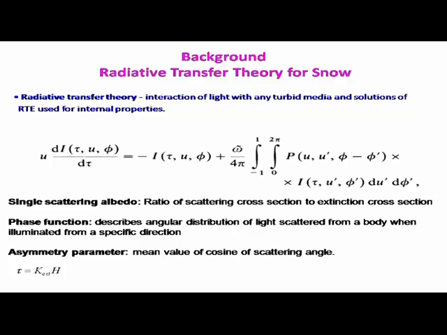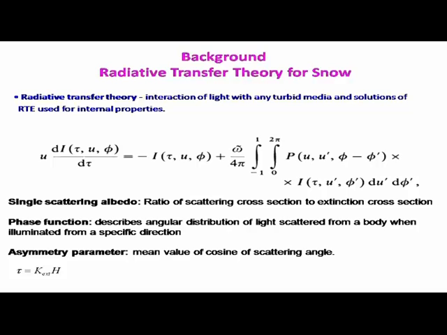Single scattering albedo is the ratio of scattering cross section to extinction cross section, and extinction is the scattering as well as the absorption. The phase function describes the angular distribution of light scattered by a body when illuminated from a specific direction. The asymmetry parameter is the mean of the cosine of the scattering angle.